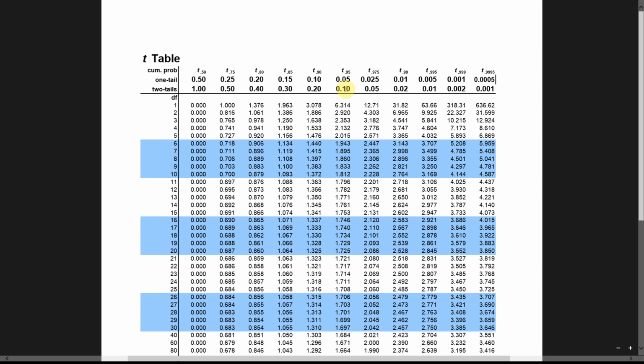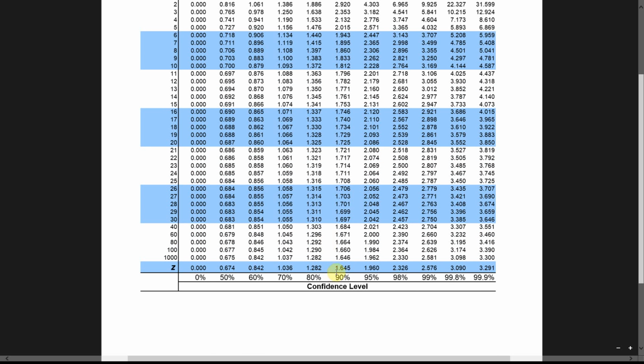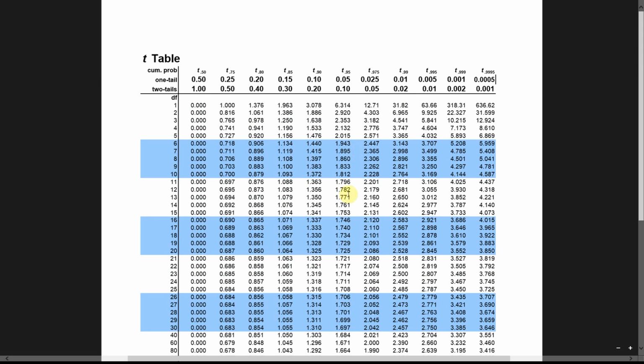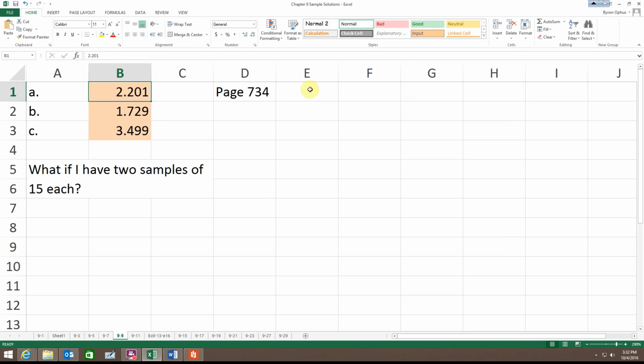It's the same as the confidence level down here on a two-tailed test. I said it was 20, so we're at 19, so we should be 1.729. There we go.